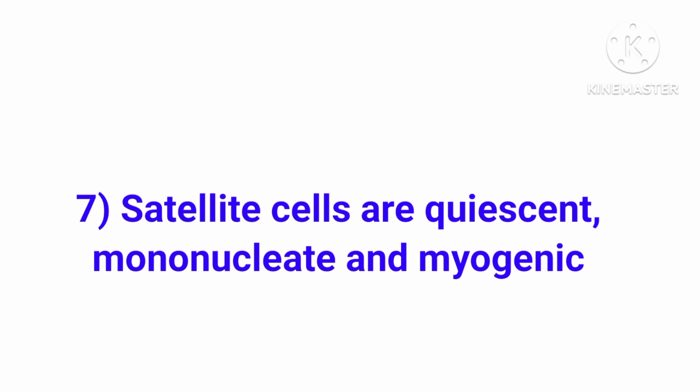Myogenic cells means the formation of skeletal muscular tissue during embryonic development, and help in regeneration, which is limited. This means satellite cells have a limited power of regeneration. They are actually myosatellite cells or muscle stem cells.